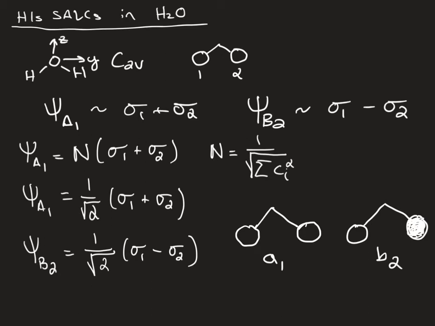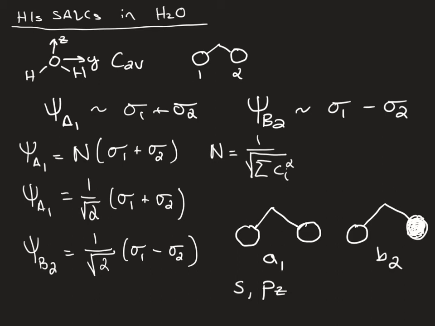So what's going to happen is the SALC that has A1 symmetry is going to combine with atomic orbitals that have A1 symmetry. So under C2v, this is going to be your s orbitals, your pz orbitals. If this were binding into an atom that had available d orbitals, you would also have your dz squared binding into that SALC.